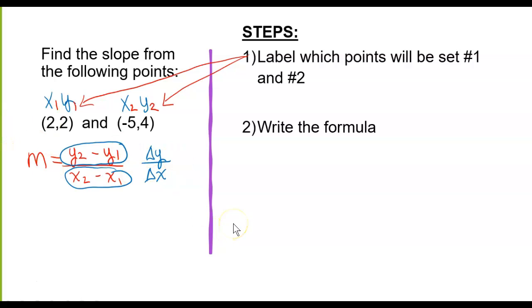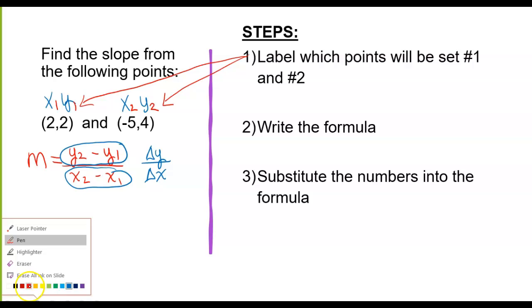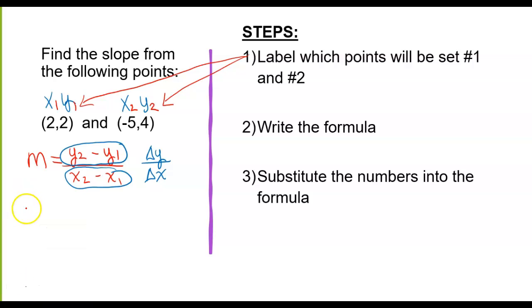All right, step 3. Step 3 says we are going to substitute the numbers into the formula. So now let's complete step 3. I'm going to substitute in the numbers. First we have y2. Which value did we label y2? 4. 4, very good.